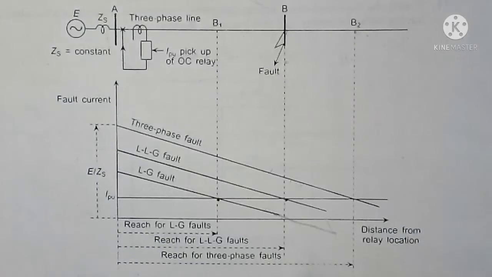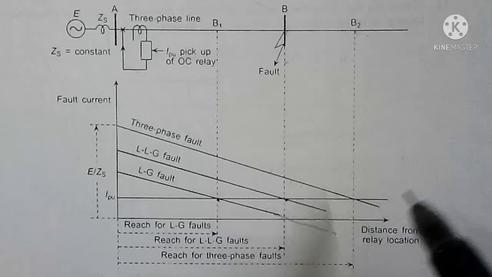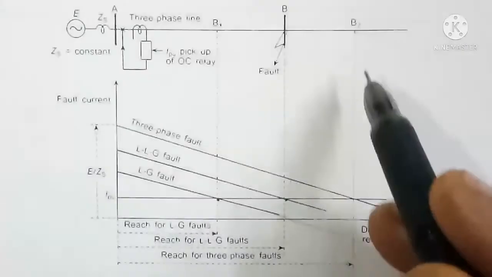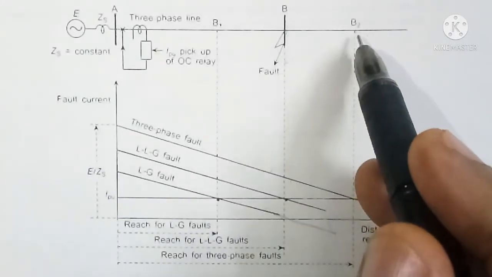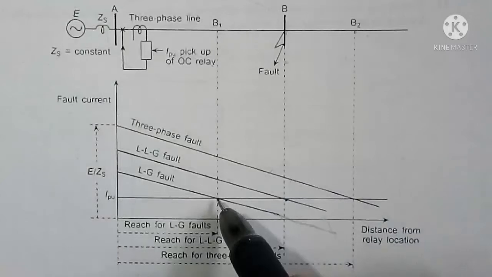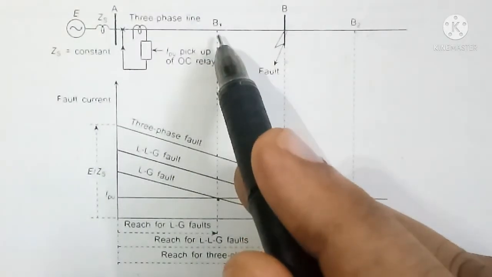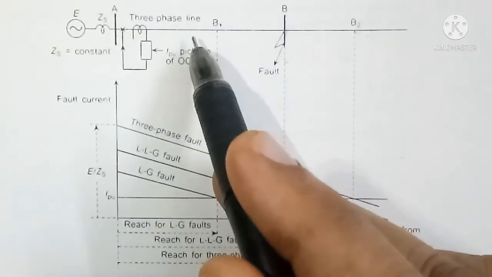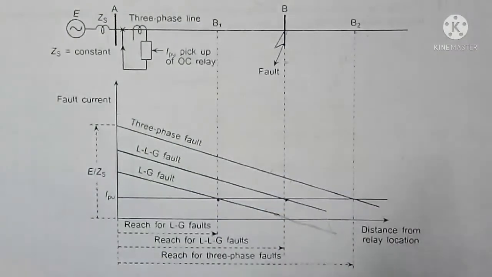This is what we call as overreach and underreach. The relay operation for three-phase fault occurring before B2 is overreach, and the relay operation for LG fault occurring before B1 only is underreach of the relay.